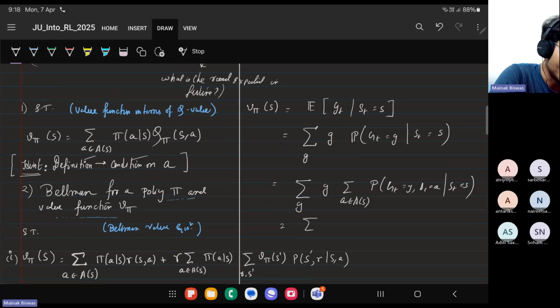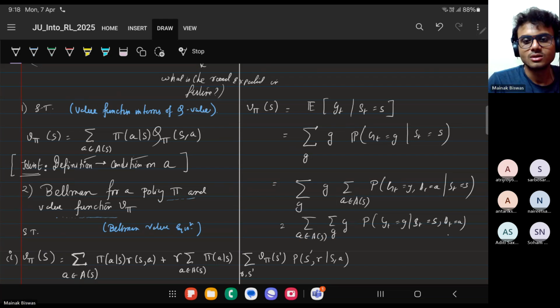GT is equal to G, AT is equal to A, ST is equal to S. This is summation over G. I'll just write it in a different way. Summation over A in A(S), summation over G, G of P of GT equal to G given ST is equal to S, AT equal to A. What will it be multiplied into?